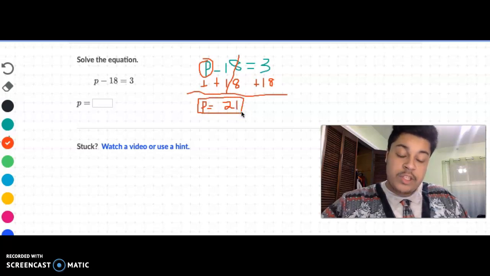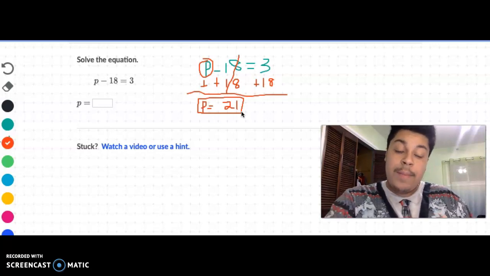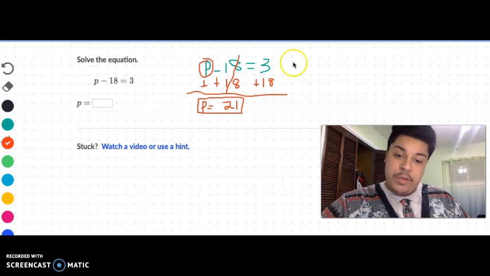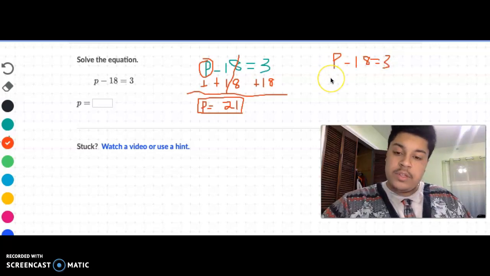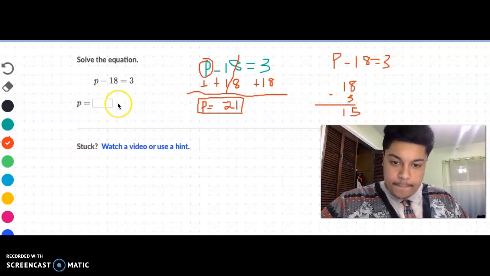And now this might be hard for you, so we're going to keep on working with this. I want you to know that there are two ways of solving this. Another way to solve P minus 18 is equal to 3 is to do 18 plus 3, which is 21.